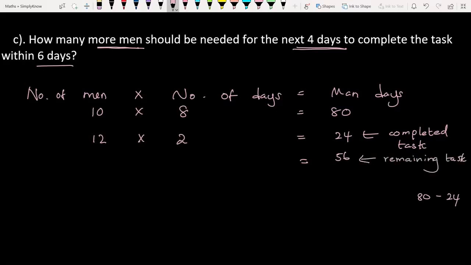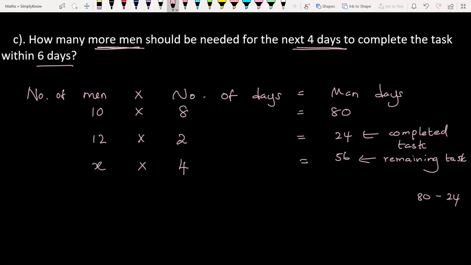Now the full task is completed within 6 days. That means there are 4 remaining days. And the remaining task is 56 man days. Now what we should find is how many more men should be needed for the next 4 days. So let's find the number of men needed for 4 days.